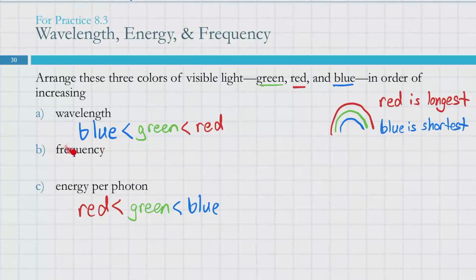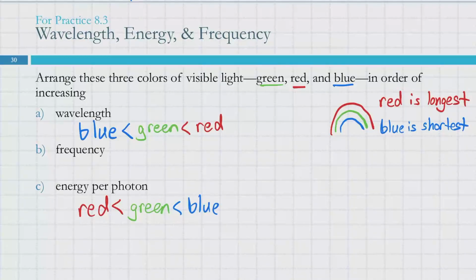And the one that we don't really have a trick for is frequency. Frequency and wavelength are inversely related. So remember we talked about long waves are going to have low frequency. So high length, low frequency. Because they're so long, it takes them more time to pass through a point.